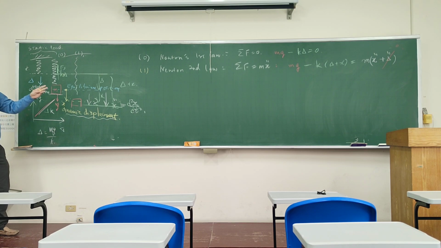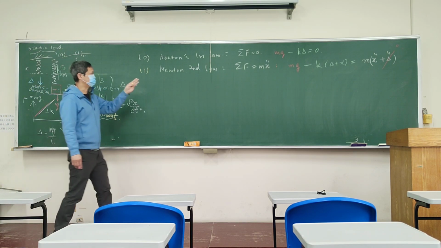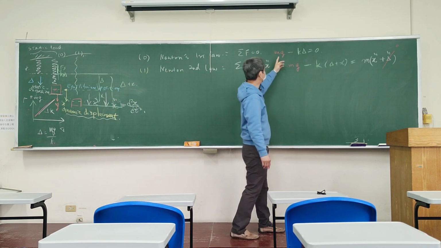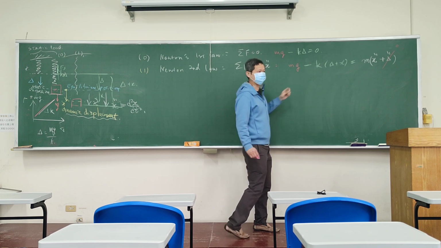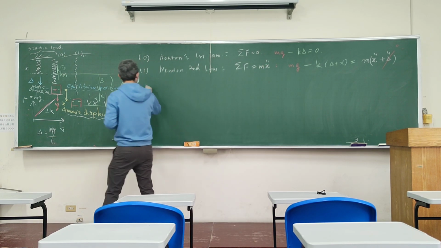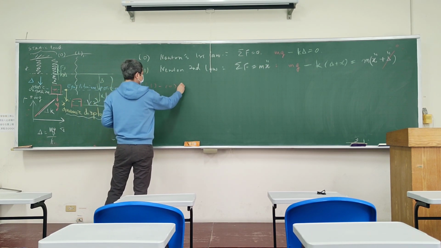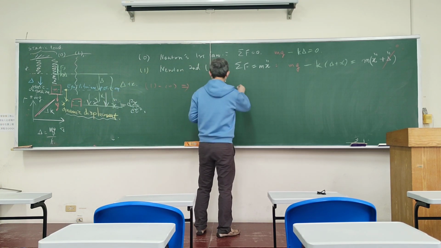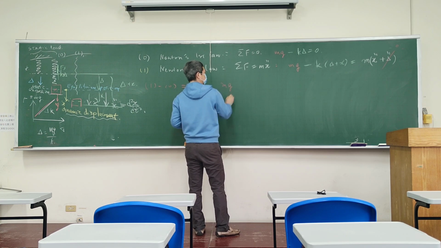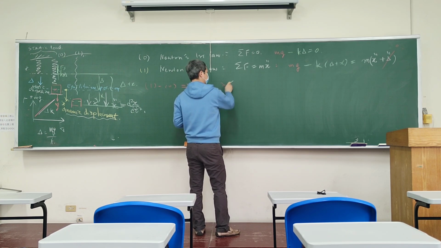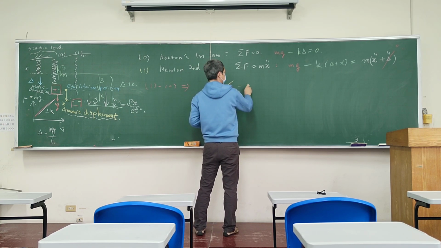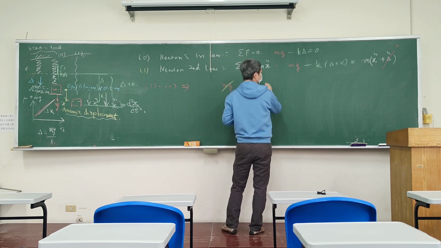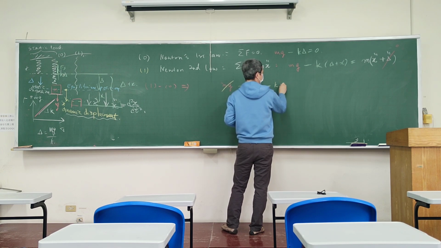So after you've got these two equations, let's simplify equation 2. You can see that these two equations are almost identical. Can I have equation 1 minus equation 0? If you do this subtraction, then mg is gone, minus k delta is also gone, and what is left is minus kx.